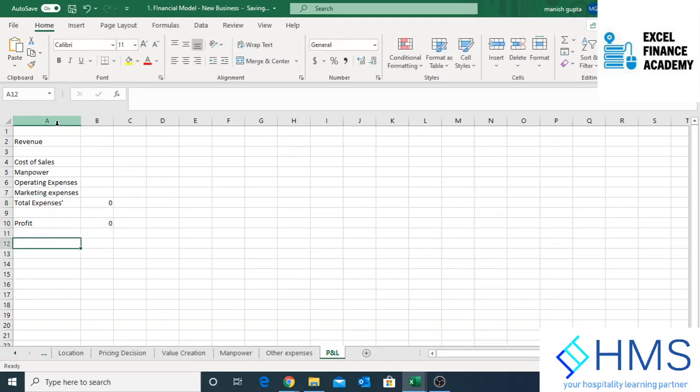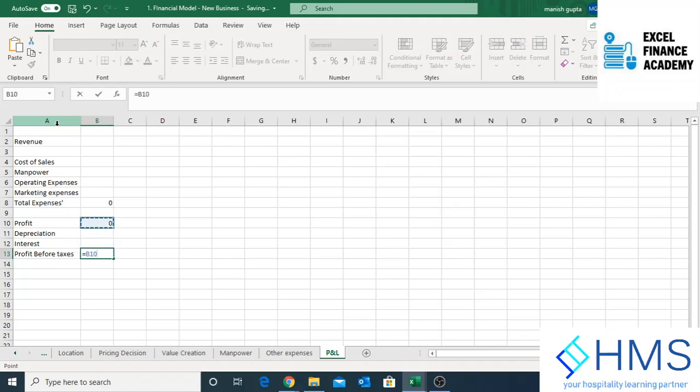You might have to invest in fixed assets, so you may have depreciation. You may also have interest on your loans if you have taken any loans, so that becomes your interest, and that will give us profit before taxes, because you have to calculate the interest and depreciation in order to calculate the profit.